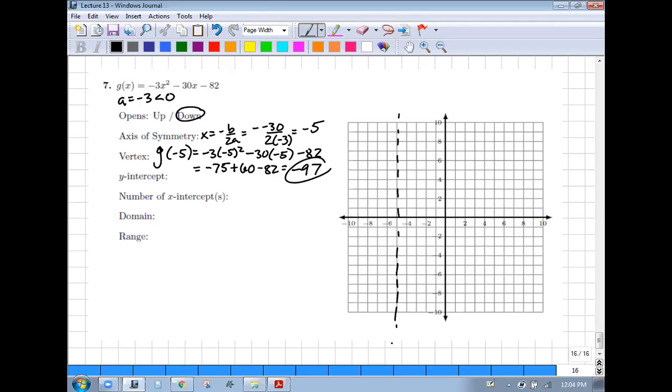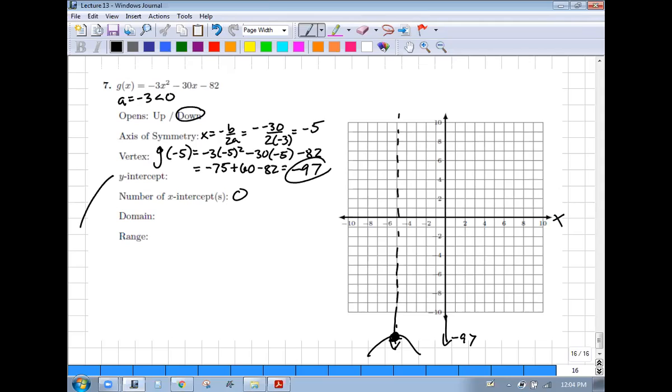So we'd have to go way, way, way down here at negative 97 to get our vertex. And since it opens downward, it never crosses the x-axis. So we have 0 x-intercepts.